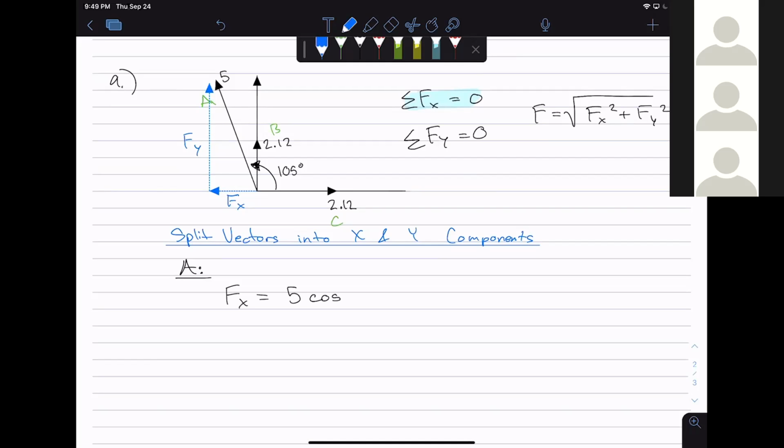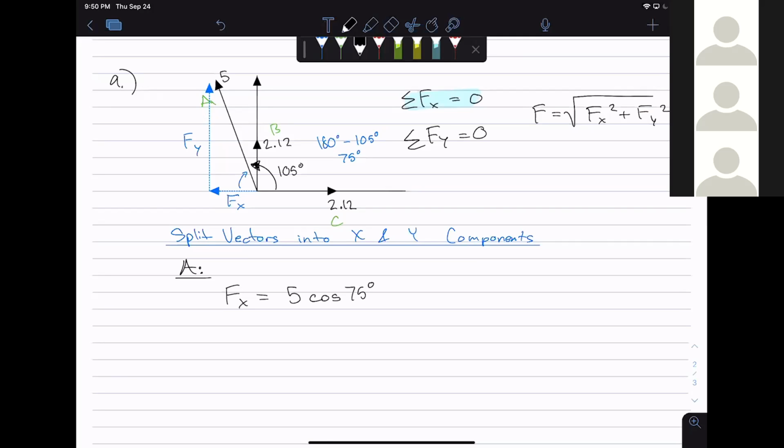But since we're using the complementary angle, you're going to have to do 180 minus 105, and that should give you 75 degrees. So if you take that, it will give you the resultant vector for that x direction, for A, that is.